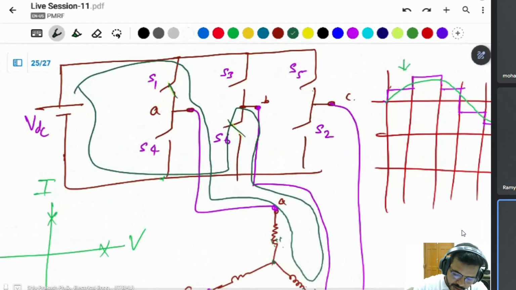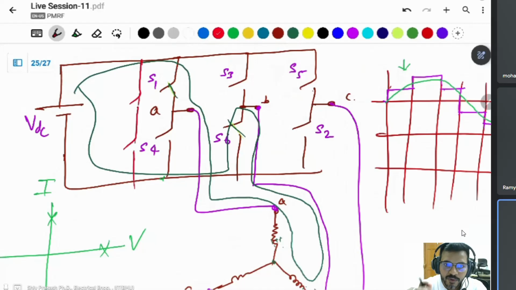In the switches, you can see both switches are connected in series like that. Suppose both switches are turned on at the same time, because practical switches can't be turned on in zero seconds.